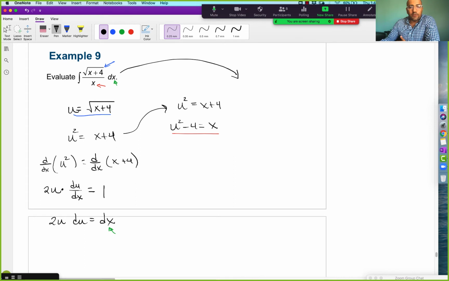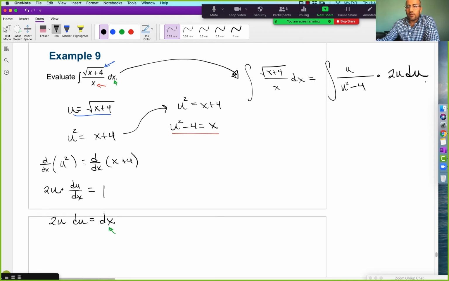And now we're ready to do a nice substitution. We have the integral of the square root of x plus 4 over x dx. That's going to be equal to the integral of u divided by x, which is u squared minus 4, times the dx, which is 2u du.